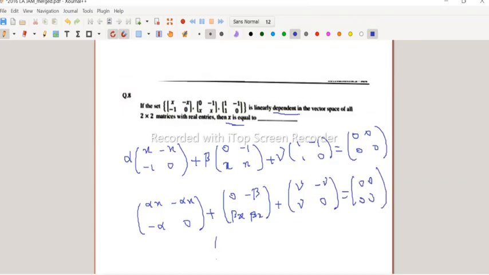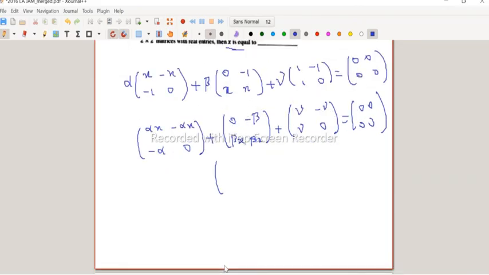Now we can add these matrices term by term. The first entry is alpha x plus gamma. The next entry is minus alpha x minus beta minus gamma. The next entry is minus alpha plus beta x plus gamma. The last entry is only beta x. This is equal to the 0 matrix.